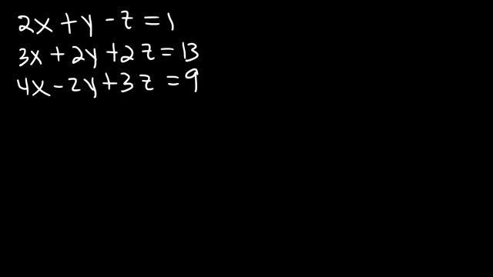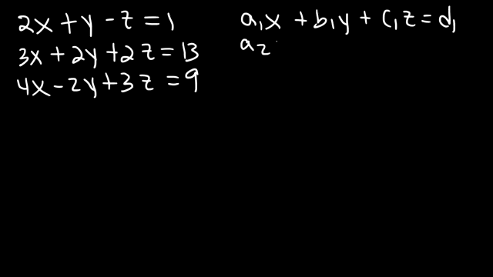Now, this equation is in this form. So it's a1x plus b1y plus c1z, and that's equal to d1. And then we have a2x plus b2y plus c2z is equal to d2.